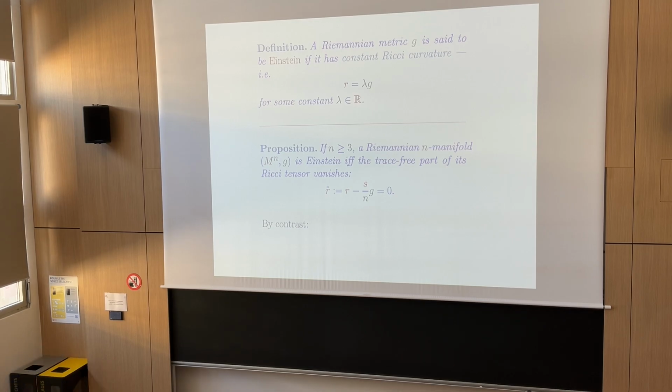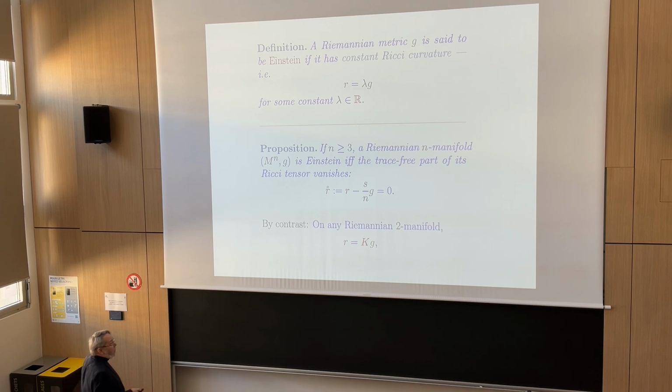A little warning: by contrast, in dimension 2, the story is completely different. In dimension 2, the entire curvature tensor is determined by one function, usually called the Gauss curvature, but it's the same as the sectional curvature of the surface in the only 2-plane that it has in its tangent space. It turns out that in dimension 2, the Gauss curvature completely determines the Ricci tensor.